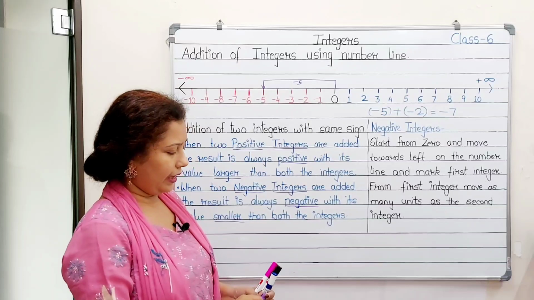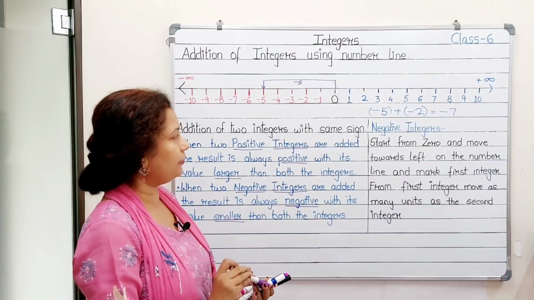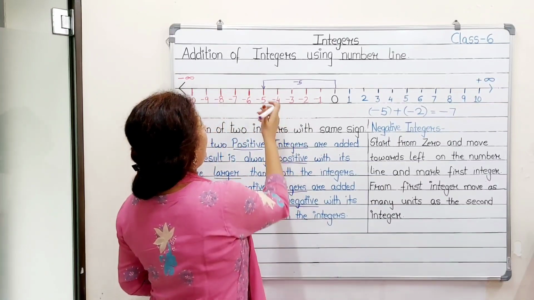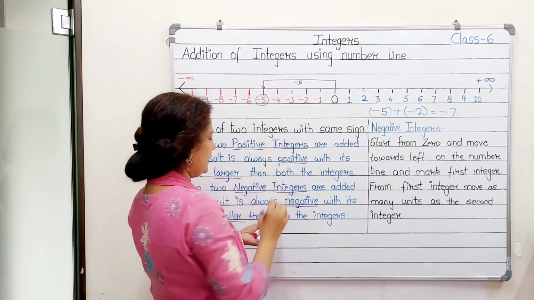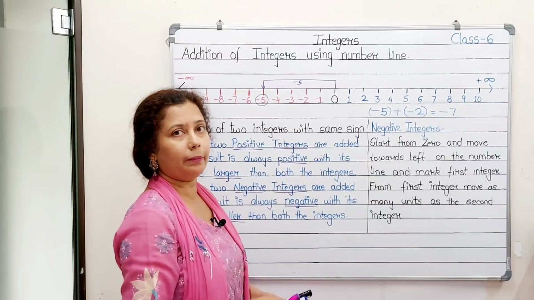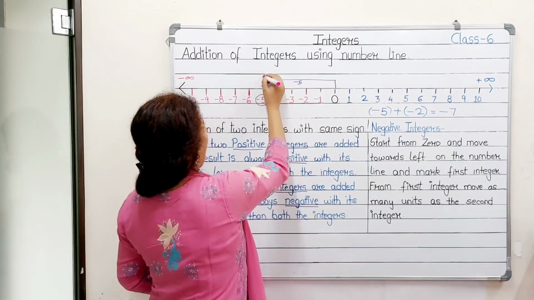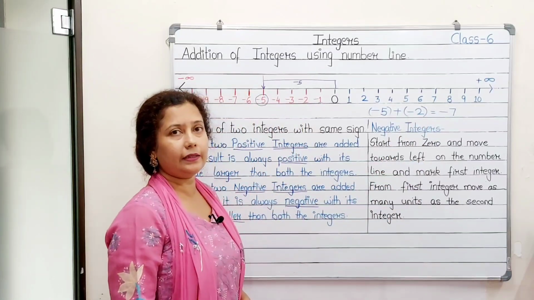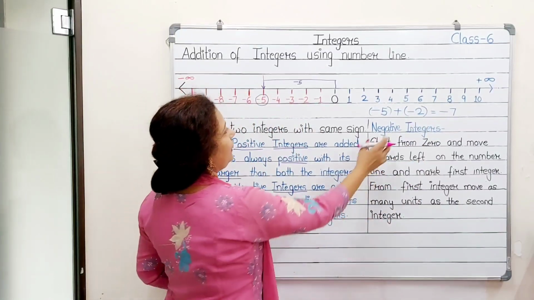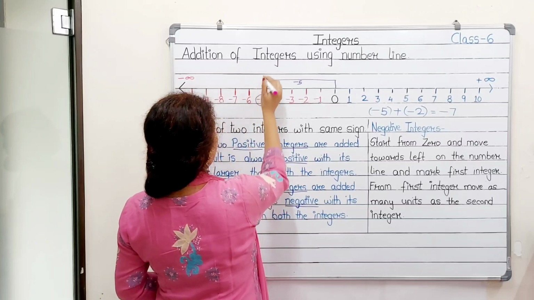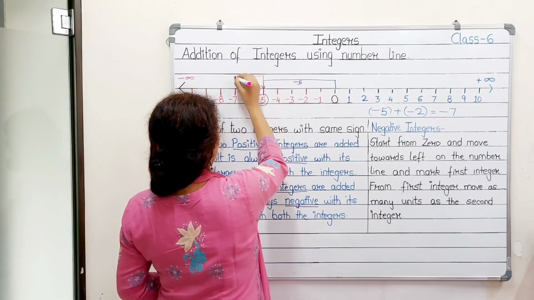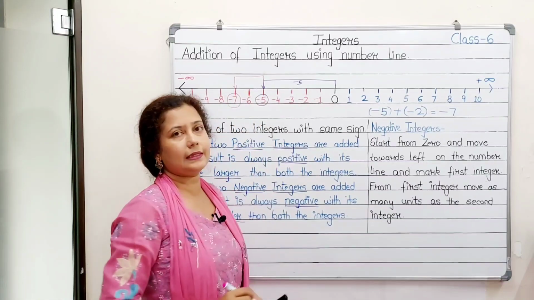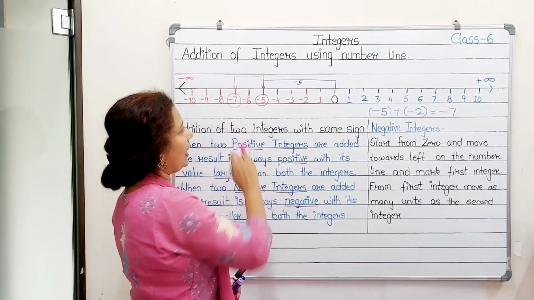After that, we have to start from the first integer we have marked, which is -5. We will start counting the units from -5 and move 2 units because the second integer is -2. So we will move 2 units to the left and mark the second integer, that will be -7. So this is your answer.